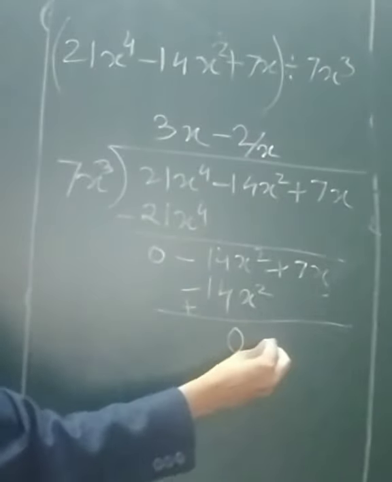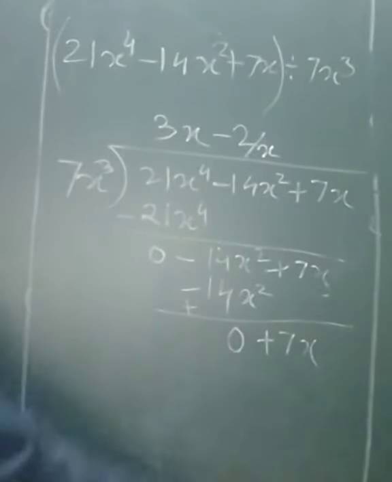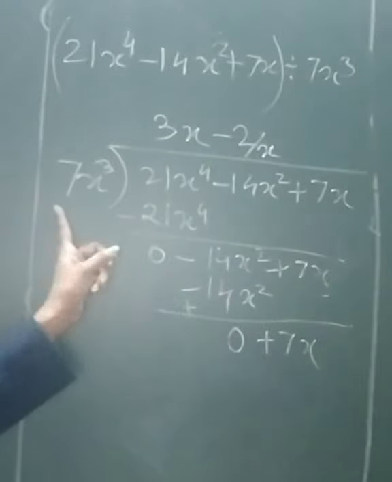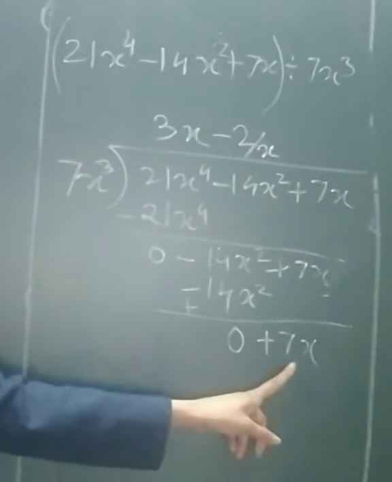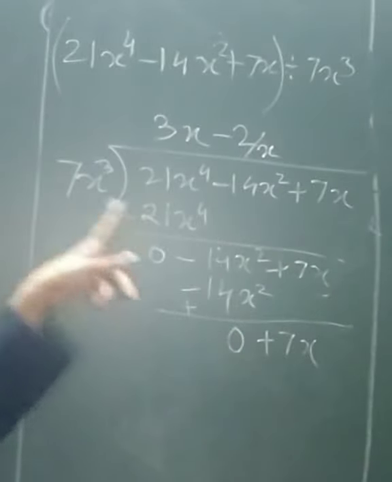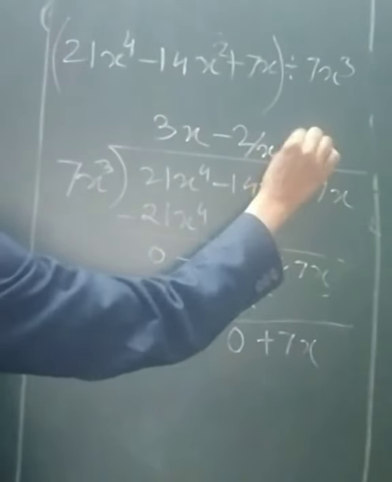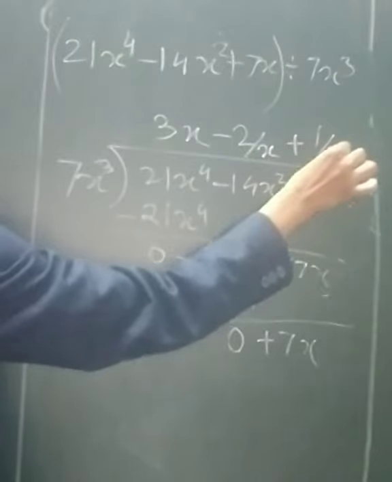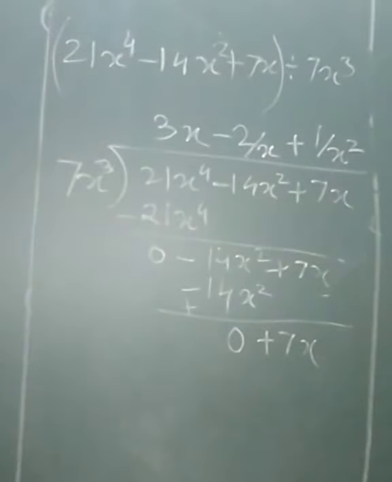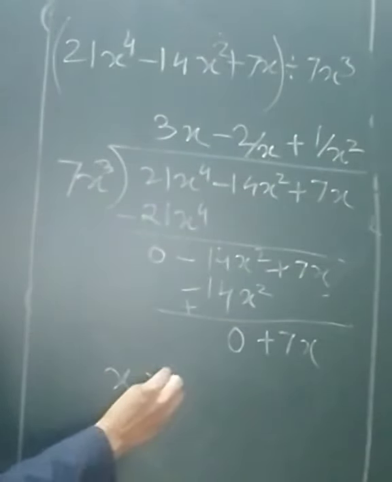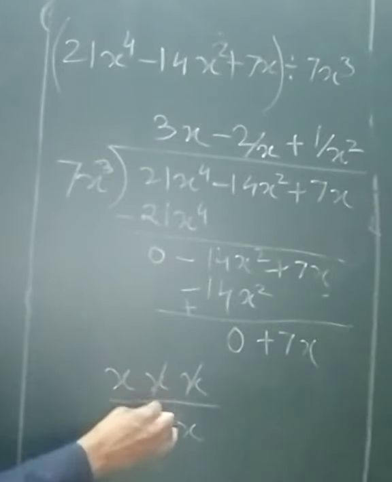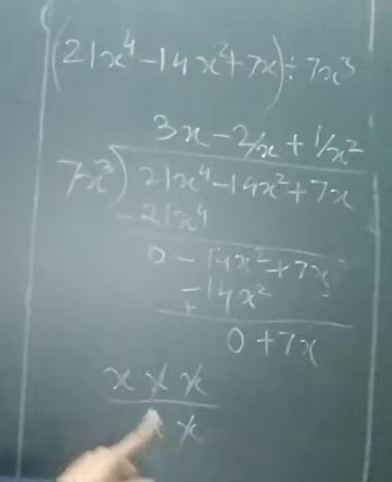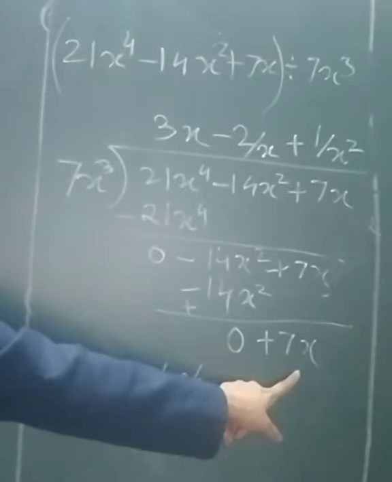So this will be 0, this will be plus 7x. Now see, we have 7, so we don't need to multiply by any coefficient, but we have x here. So what do we need to do? We are going to write 1 upon x squared. Why? Because when we have x cube and when we divide by x squared, the x squared will cut and we will have only 1x.